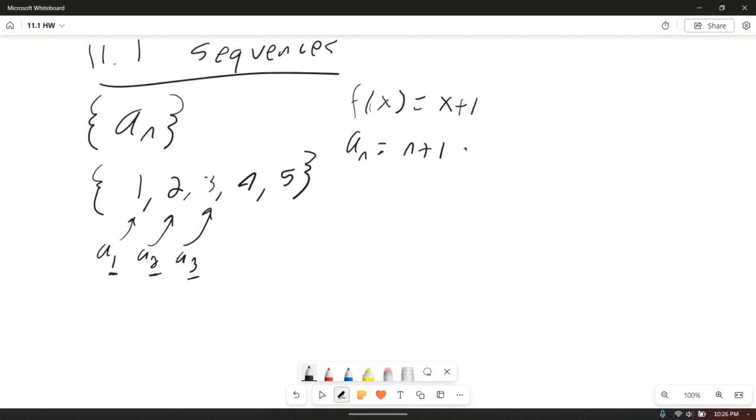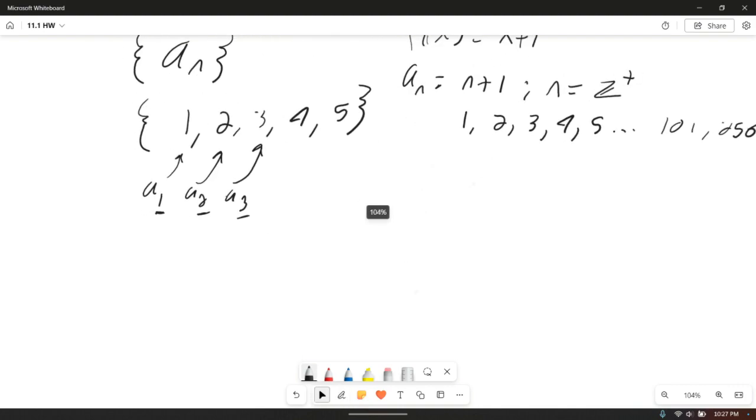But for sequences, their inputs are only the set of all positive integers, like 1, 2, 3, 4, 5, and so on, 101, 256, all those.